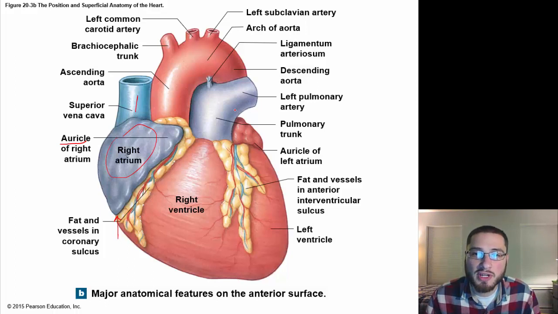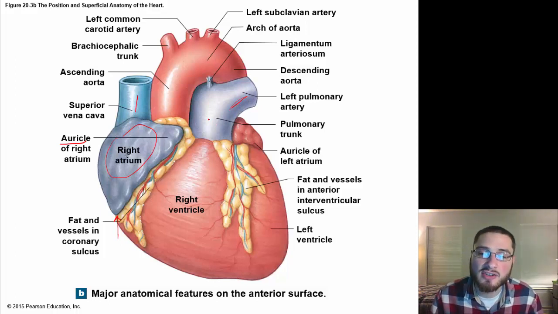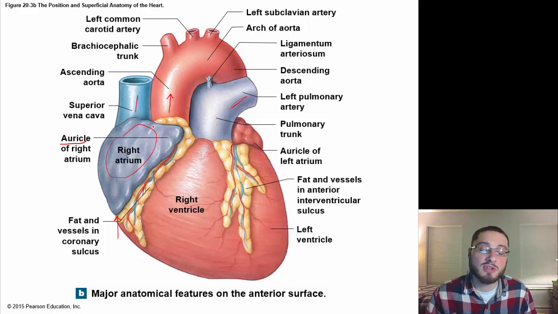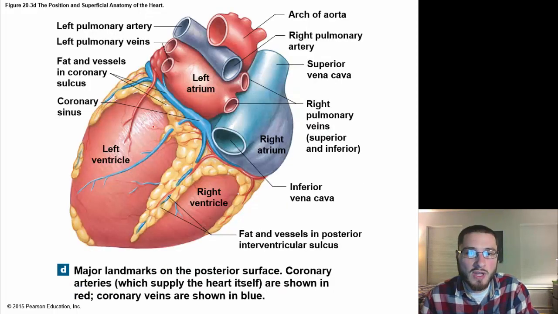We also have this pulmonary artery right here. It is colored blue because remember, even though it's called an artery, it's going to carry oxygen poor blood. And then we have this giant aorta here, which is going to send oxygen-rich blood through the systemic circuit, through the rest of the body.